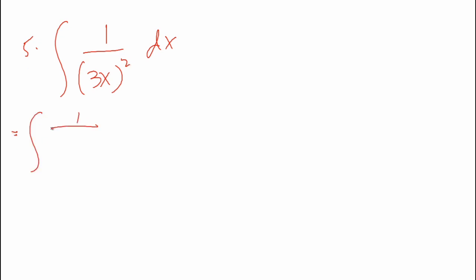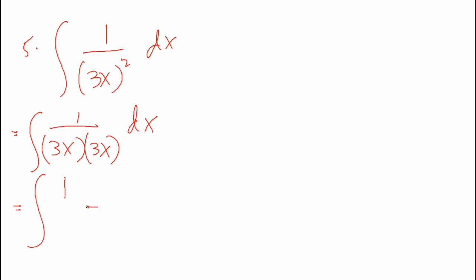However, in example number 5, it is parenthesis 3x raised to 2, and therefore it means 3x times 3x dx. So we can directly multiply 3x times 3x.